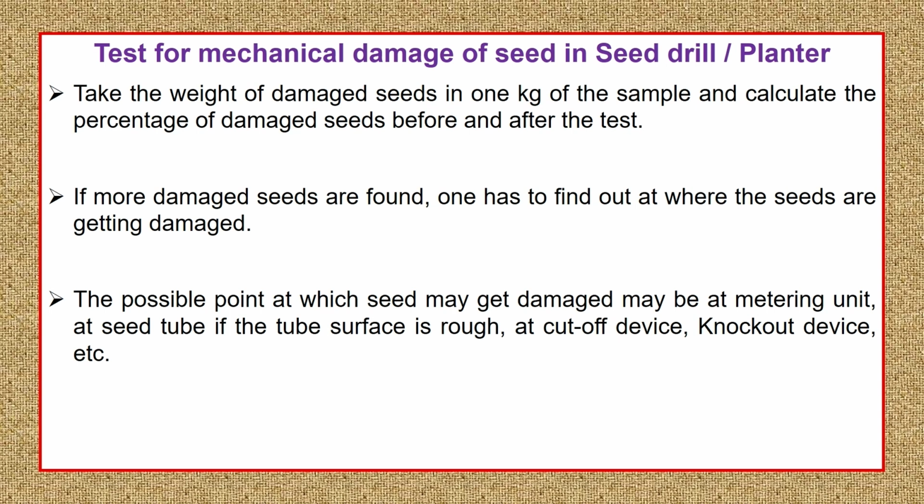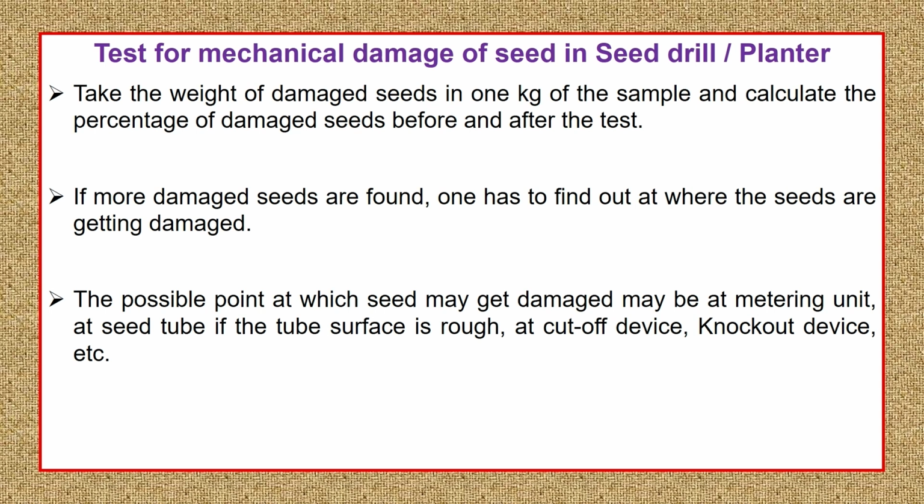That is assessed by taking a given quantity of seed, placing it into the seed drill, and collecting the same quantity of seed from the metering mechanism of the seed drill after metering, carrying, and depositing of seed is done.